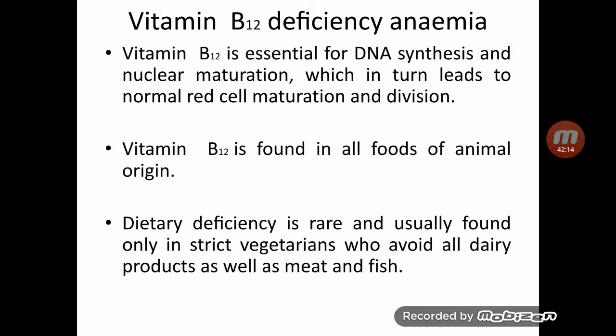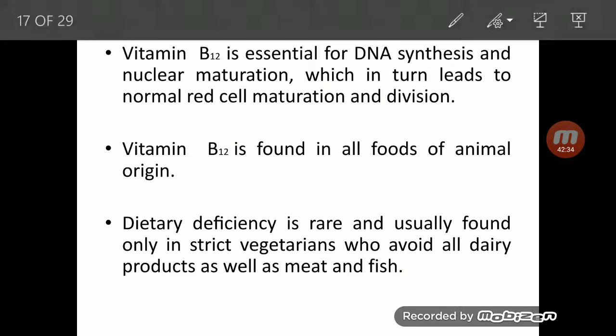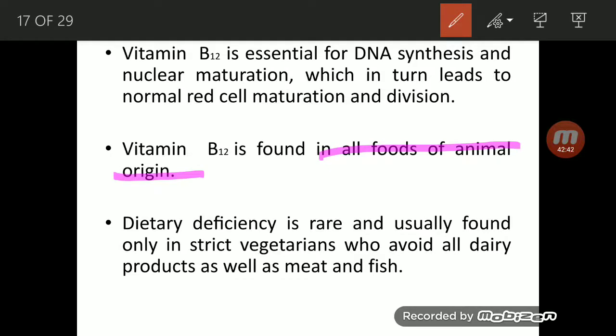Vitamin B12 is also required for DNA synthesis and nuclear maturation, which in turn leads to normal red cell maturation and division as well. Vitamin B12 is obtained from your food source, in foods of all animal origin.